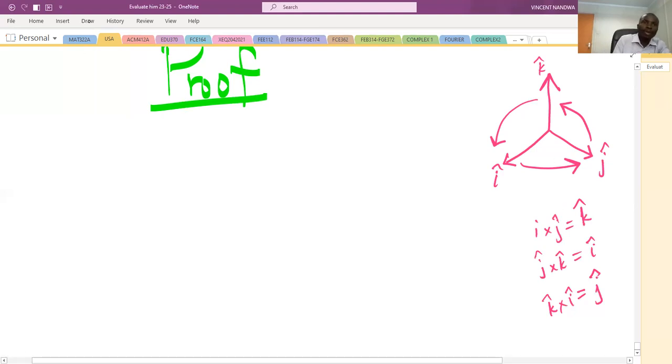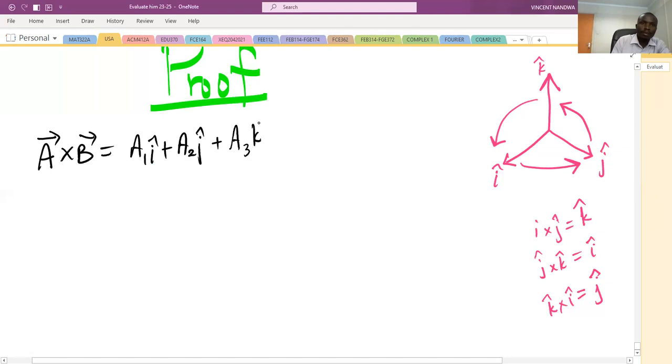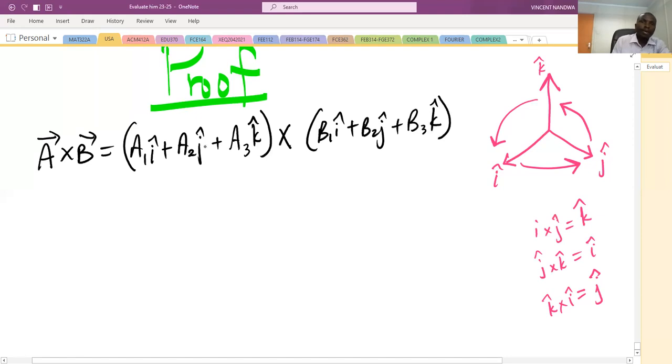So we are going to write A cross B in the longest form. Write A cross B means A1i plus A2j plus A3k cross B1i plus B2j plus B3k. And then we open this one in the long form.